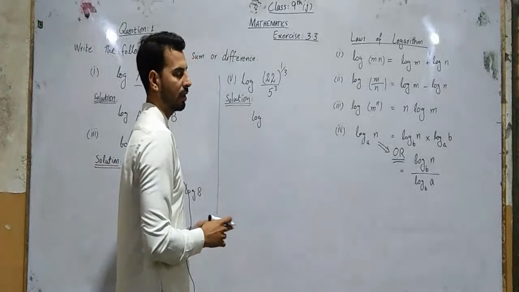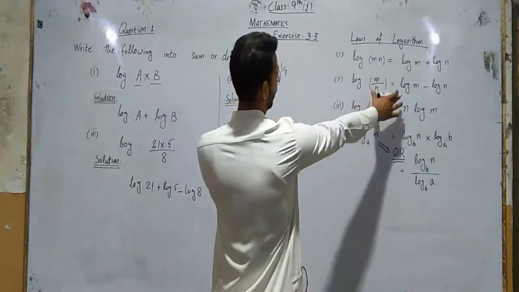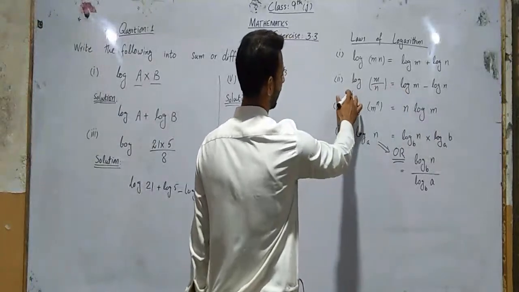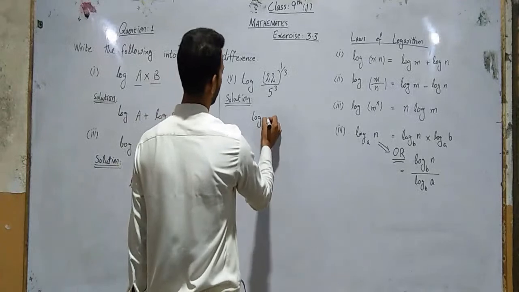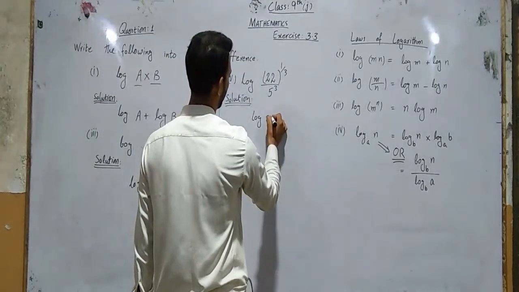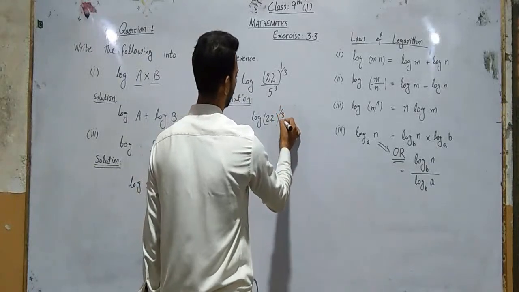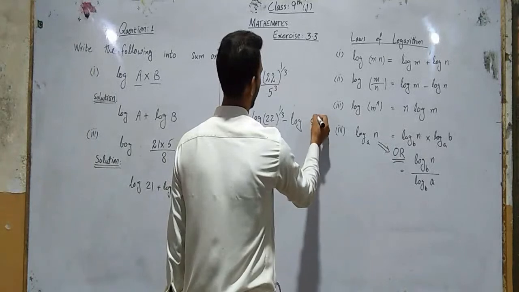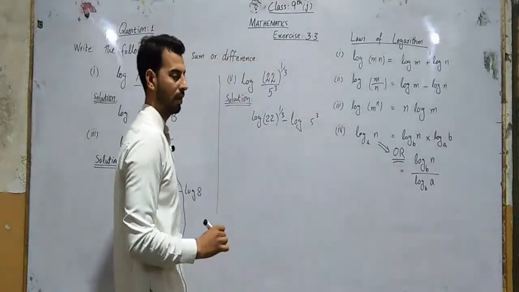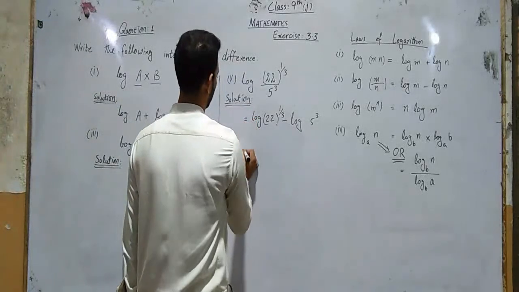First we will write it in the negative form like the second law, because they are divided by each other. So we write it like this: log 22 to the power 1/3 minus log 5 to the power 3, equals.